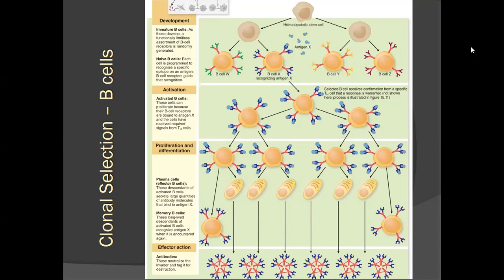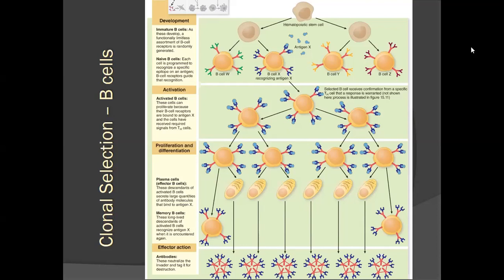If you look at this diagram, you'll see that an immature B cell is a B cell, but it is lacking expression of the B cell receptor. It's immature, so it doesn't have those markers on its surface that we associate with a functional B cell. It eventually does get those markers on its surface, and it becomes a naive B cell.